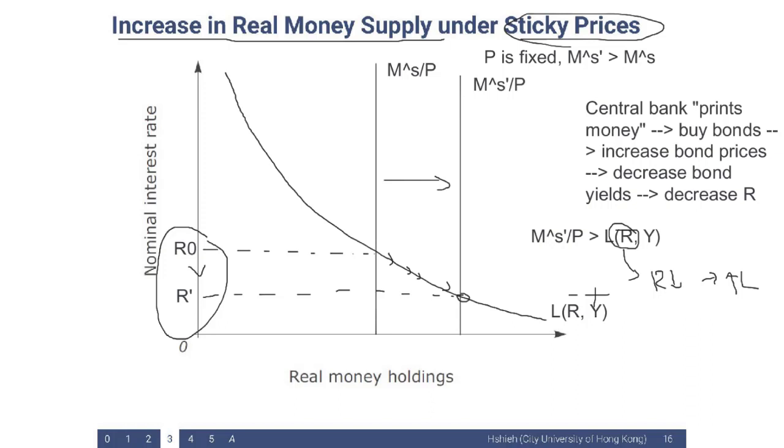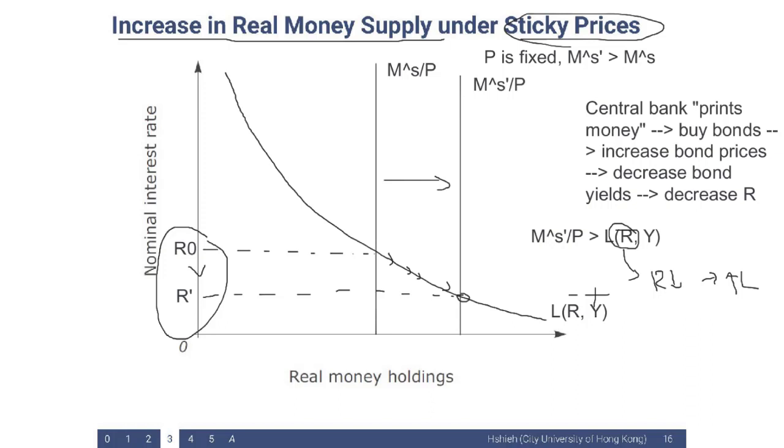So we can also see this from a mathematical perspective. MS prime over P is now greater than L R Y. Assume we can't change P because P is fixed. Assume we don't change Y. The nature of the economy, national income doesn't change. So the only free parameter we have at hand is R. R must move in a direction that offsets this increase in MS over P. And to do that, L must increase as well.